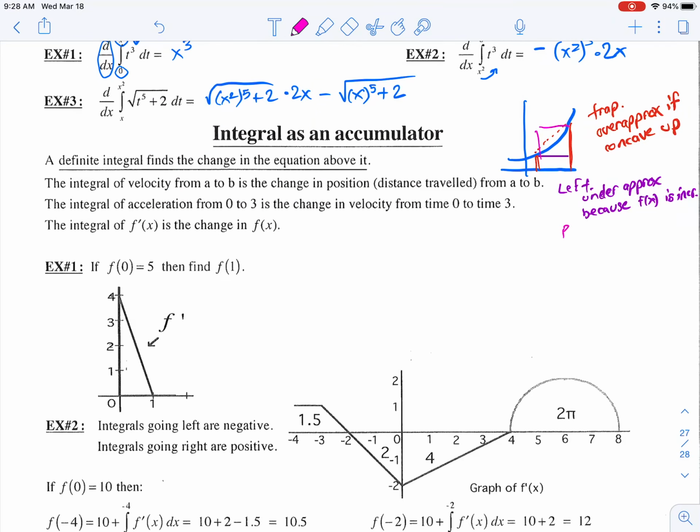And if we did a right, right would be an over approximation because f of x is decreasing. And then the reverse would be true, obviously. If I gave a decreasing function, I meant to say increasing here.